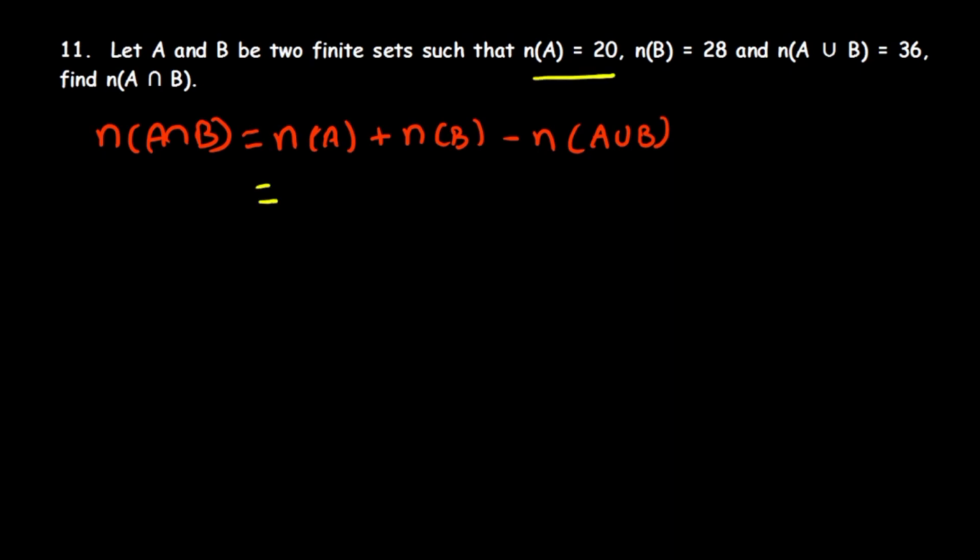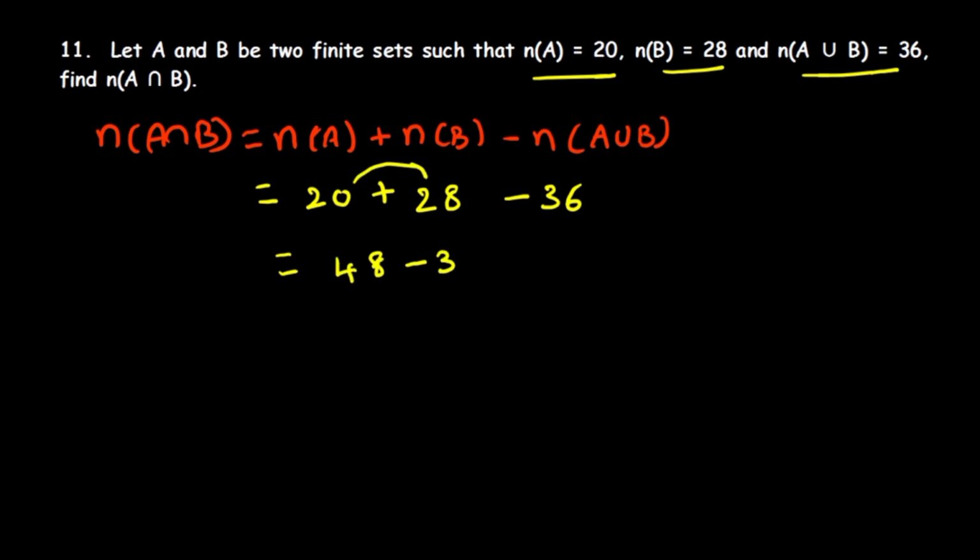Given n of A is 20, plus n of B equal to 28, minus n of A union B is 36. So 20 plus 28 is 48, minus 36, then we get 12. So 12 is the answer for this question.